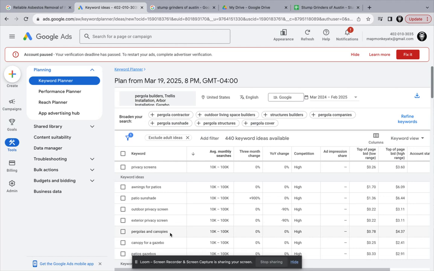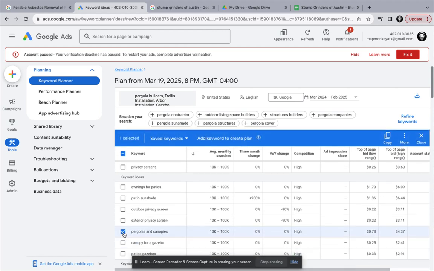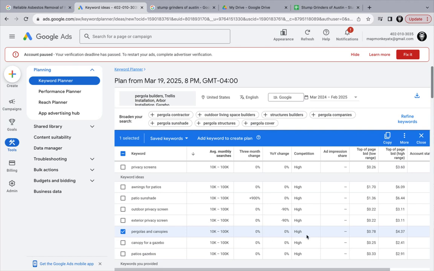Right here, pergolas and canopies, 10K to 100K. Excellent. Competition's high. And here's another thing that I'm actually stopping and thinking about now that I wasn't previously. I skipped all these in my brain because I went to the first form of pergola, because in my mind, that's what I want.